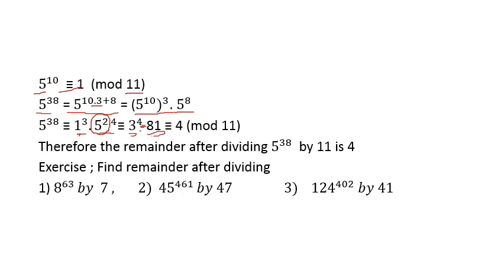Now 81 is 77 plus 4, so remainder is 4. Altogether, when you divide 5 power 38 by 11, without dividing we are finding the remainder is 4. Likewise, you can find many such results. These are some of the exercise problems which you can practice.